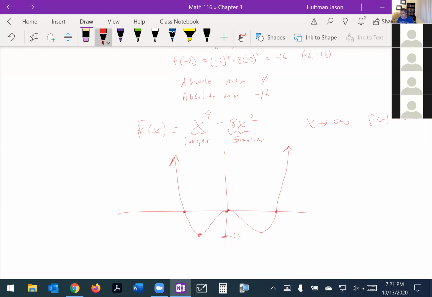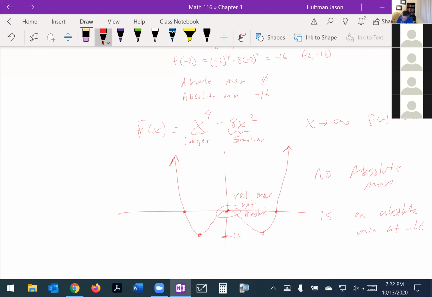So looking at the entire domain, there is no absolute max. There's no absolute maximum, but there is an absolute minimum at negative 16. So this thing was just a relative max, not absolute.